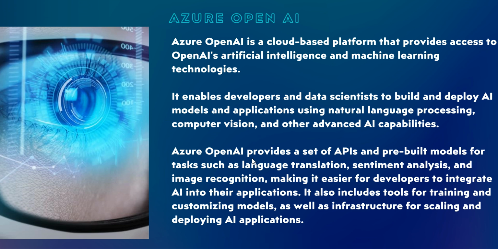Then we have Azure API. Azure OpenAI provides a set of APIs, and it's not only the bot, it provides APIs for other services. For example, computer vision. Let's say your application would like to detect any material presented in front of you, any fruit, for example. With the help of Azure OpenAI, your application will be able to detect that particular fruit, but you have to train that model.